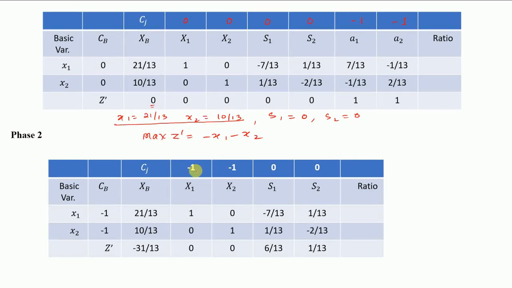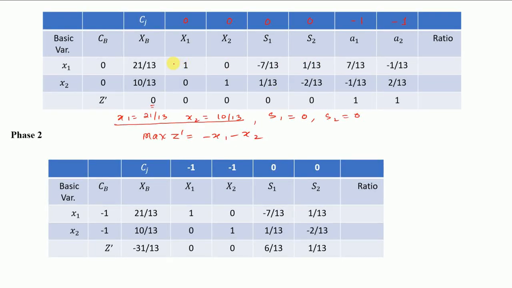Look at this, coefficient of x1 is minus 1, this is minus 1, 0, 0 for s1, s2. Now basic variables are x1, x2, values 21 by 13, 10 by 13, and all these values we are taking from here, because when we take this initial solution the values are changed in this form.